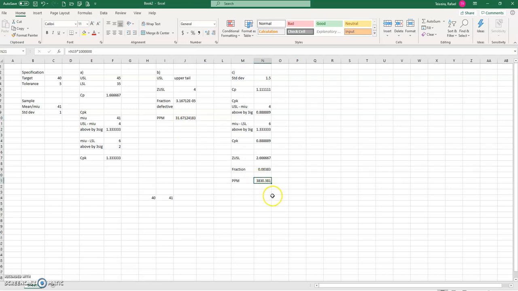This is almost 100 times less. Okay, so you see how a small increase in variability can increase a lot the money that we are wasting in the process. So we have to do something to reduce this variability and also to bring this mean to the center of the process. We have to work and come up with alternatives to reduce that, okay?